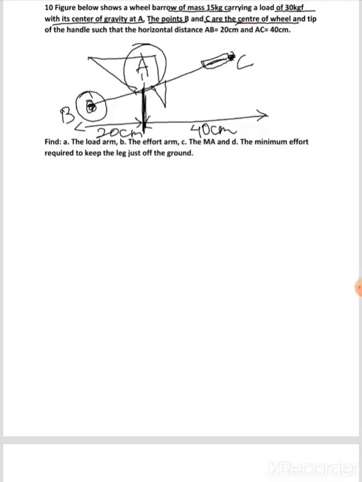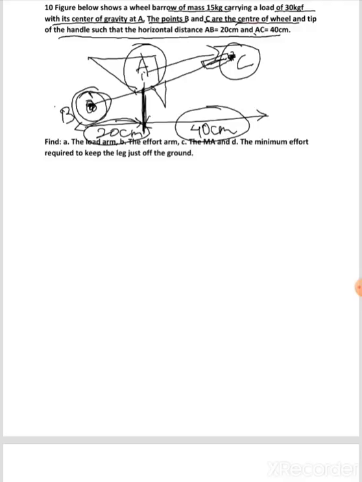So B is the center of the wheel, C is the tip of the handle, such that the horizontal distance from A to B is 20 centimeter and A to C is 40 centimeter. Find A the load arm, B the effort arm, C the mechanical advantage, and D the minimum effort required to keep the leg just off the ground.